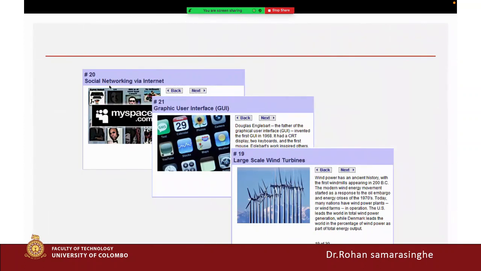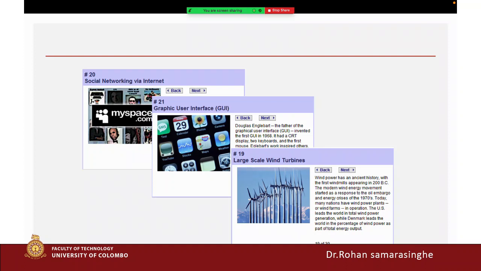And social networking via the internet. I think no one can be found now without a Facebook account. You can hardly find your friends not having a Facebook account.